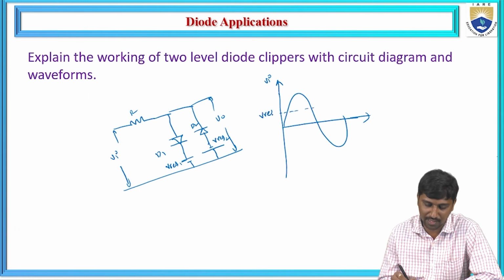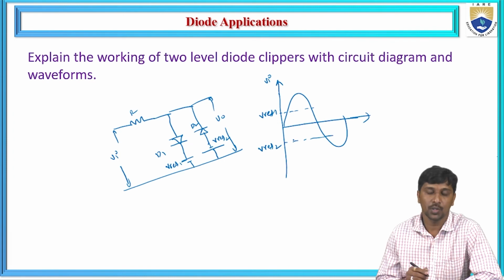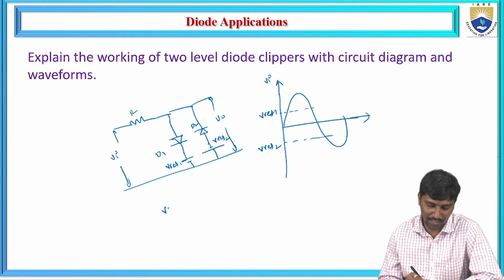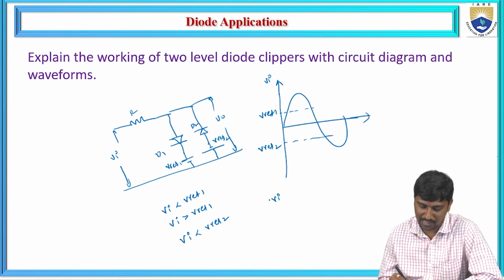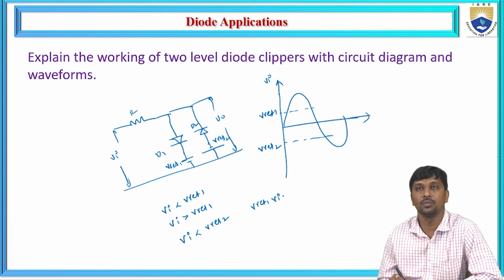Let us take this is my V reference 1, and this is my V reference 2. Now analyze the circuit operation when Vi is less than V reference 1, and what happens when Vi is greater than V reference 1, and similarly verify when Vi is less than V reference 2, and similarly identify when your input lies between V reference 1 and V reference 2.